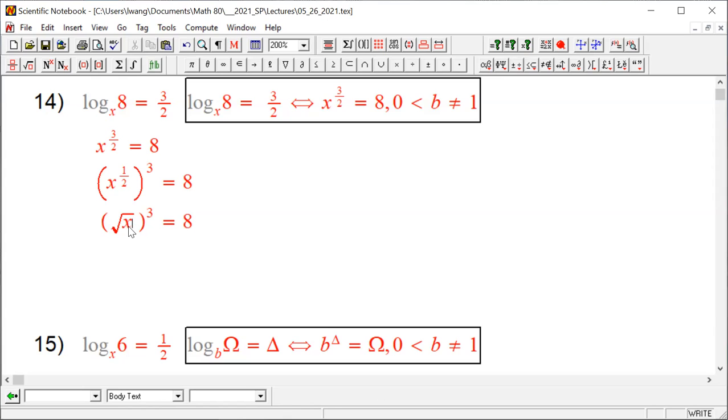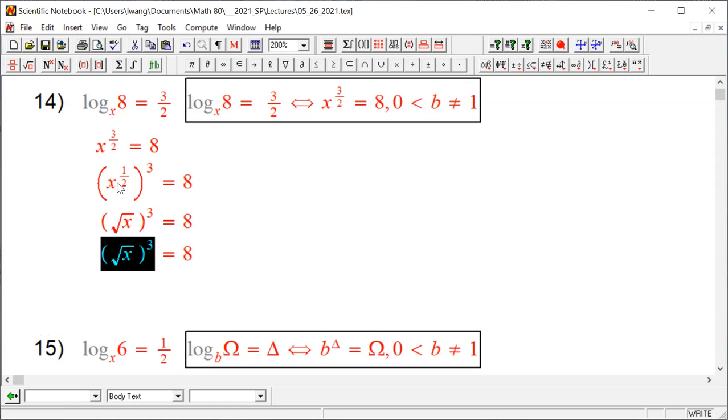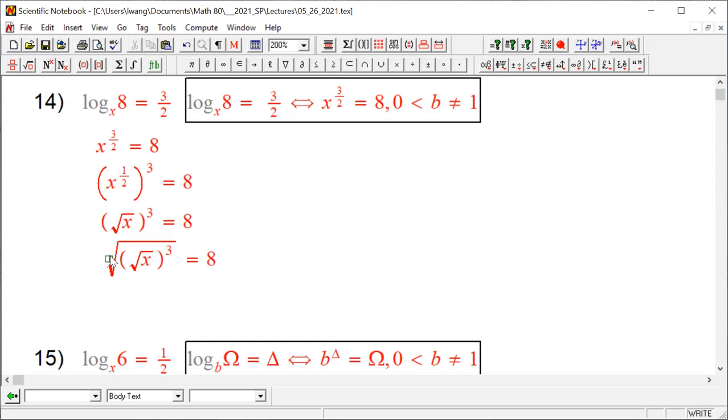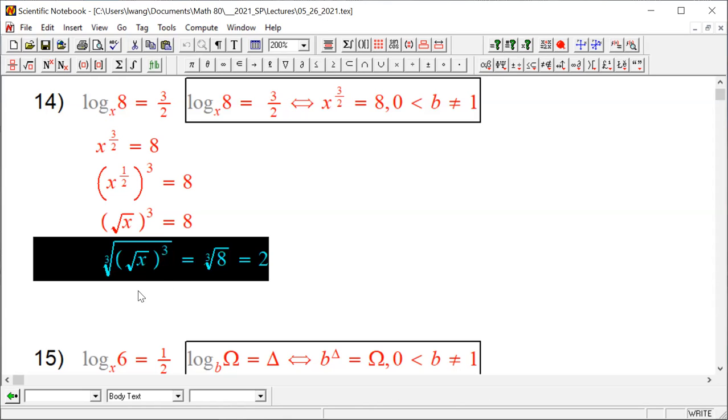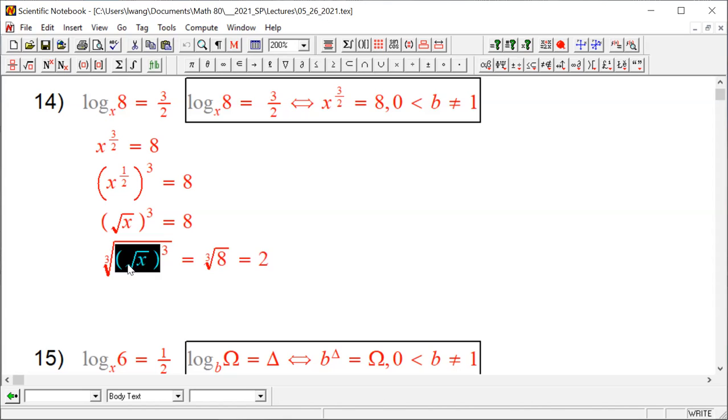Now we're trying to find out what x is, right? So first of all, we can take a cubic root on both sides. The cubic root of 8 is a 2, right? Because 2 raised to the power of 3 is 8. So as a result, on the left-hand side, you just have the parentheses left.